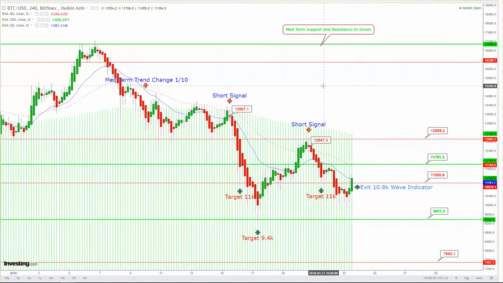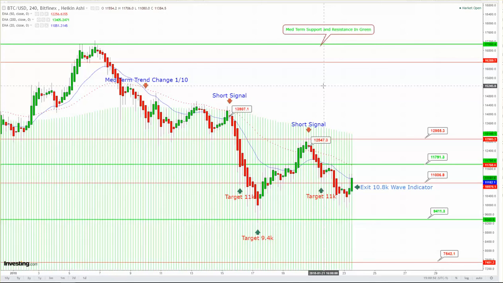The medium-term trend changed on January 10th, a little bit earlier than the long-term trend. We're looking at a 4-hour chart, once again in Heikin-Ashi, and now you'll see some green lines. The green lines are the medium-term support and resistance levels. They're not as significant as the red.